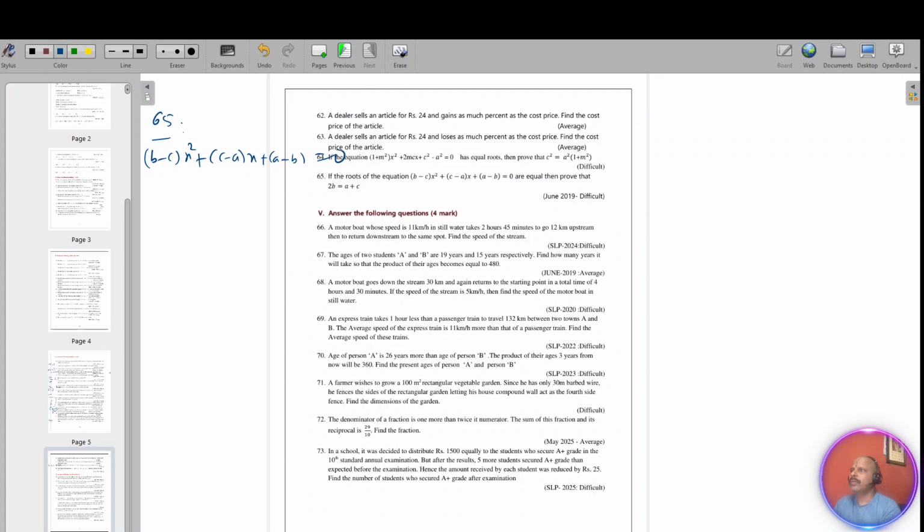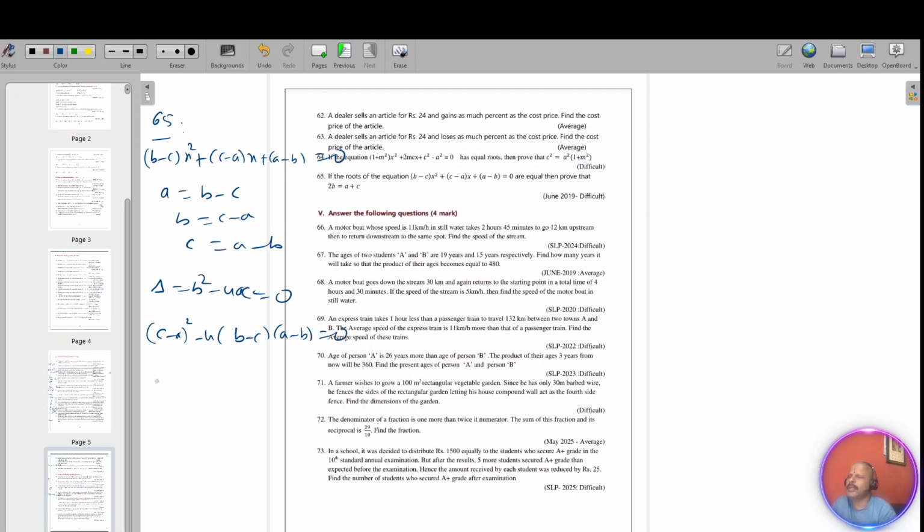Okay. Then we know discriminant is equal to b square minus 4ac equal to 0, since roots are equal. What is b square? c minus a whole square minus 4 into a into b equal to 0.